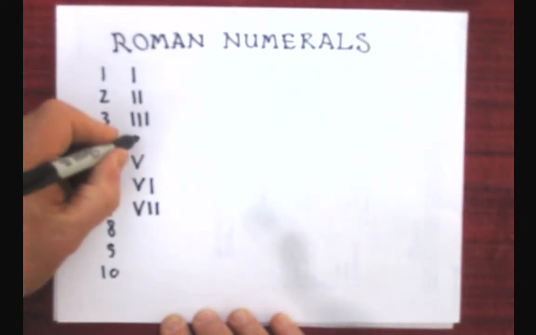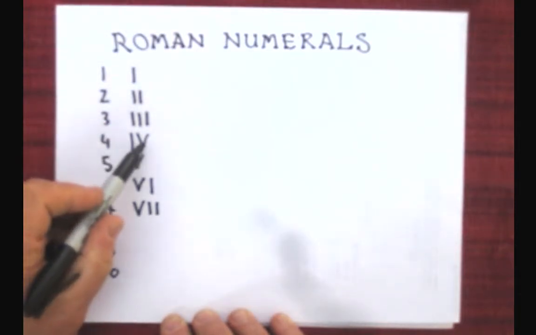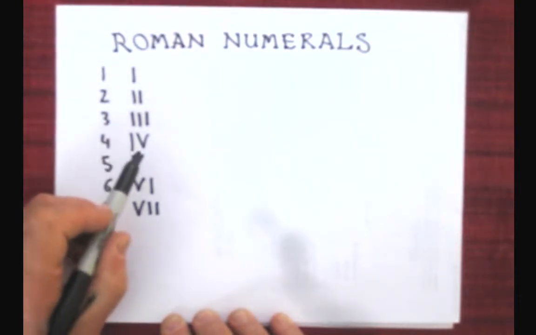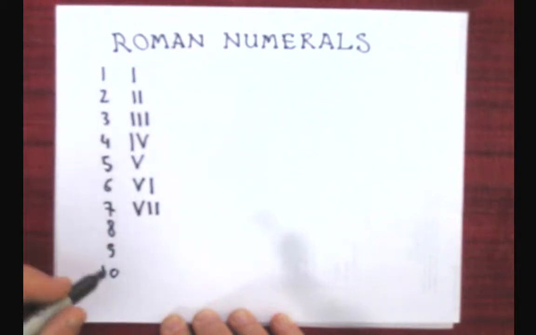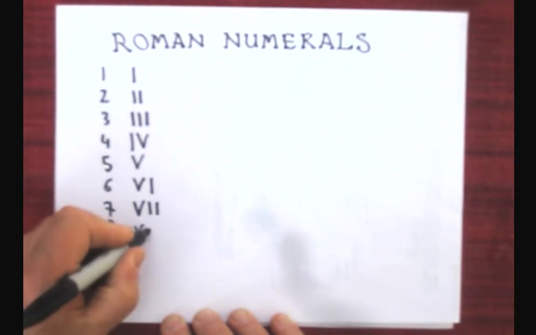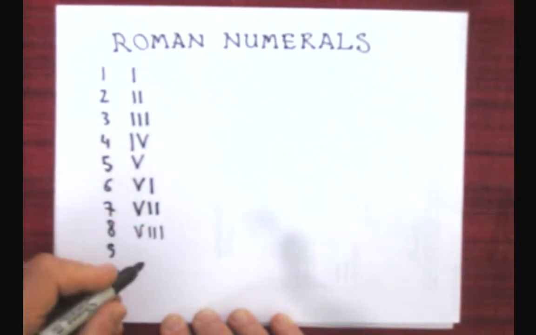What about 4? 4 you can write like this. It's 5 minus 1. See, the 1 is on the left-hand side, meaning minus. So 8, VIII, 10.